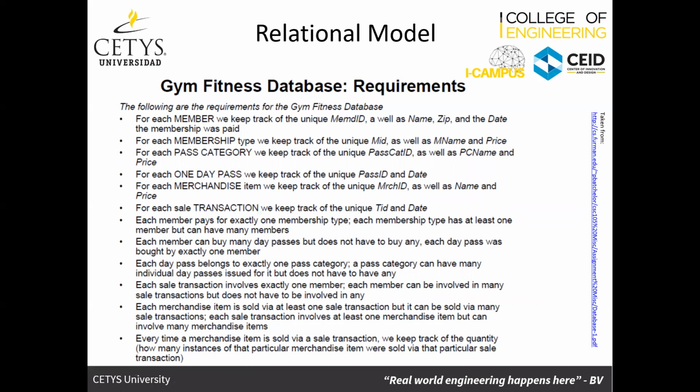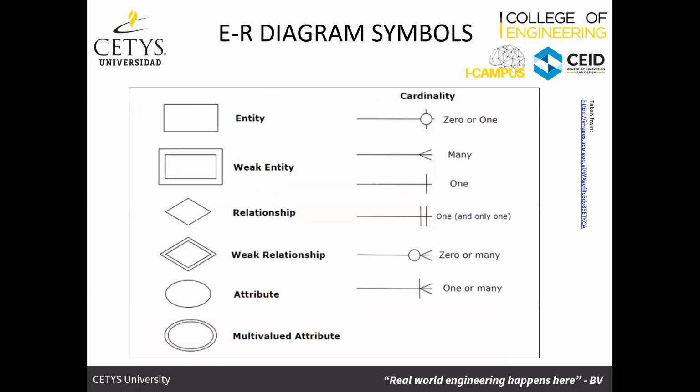It had passes in pass categories, etc. And you guys worked on basically the ER diagram for this. And you turned that in. Here in the module 3 PowerPoint is the solution to the problem, so you can check. In general, what you guys were doing was correct. There might be a few things that might be different in interpretation, but that's not a problem.